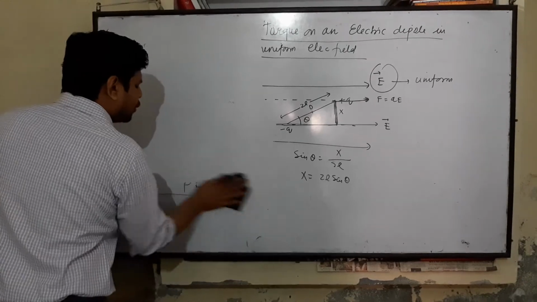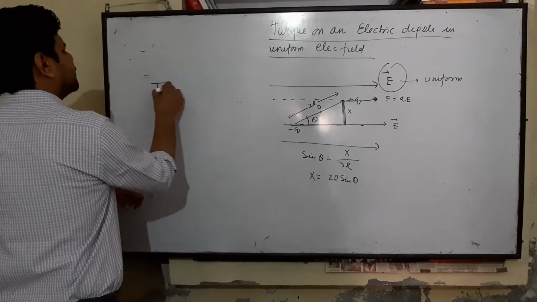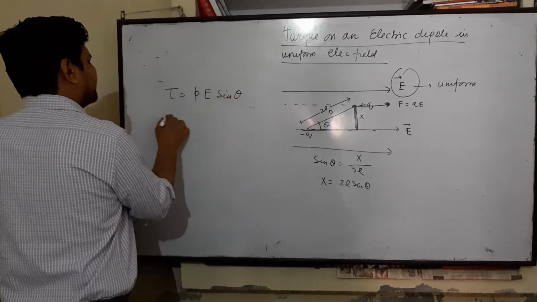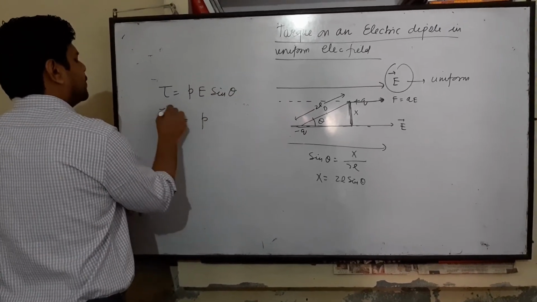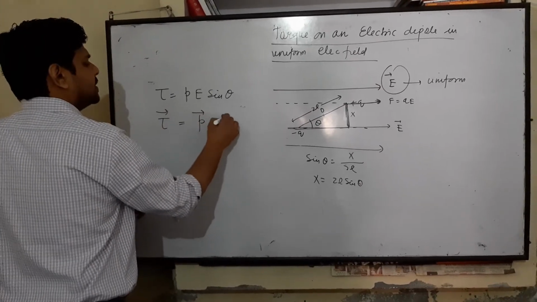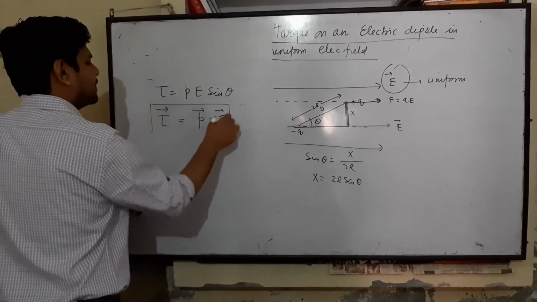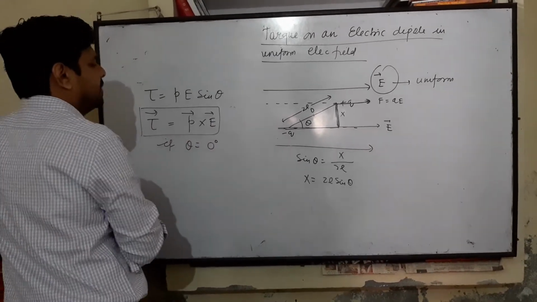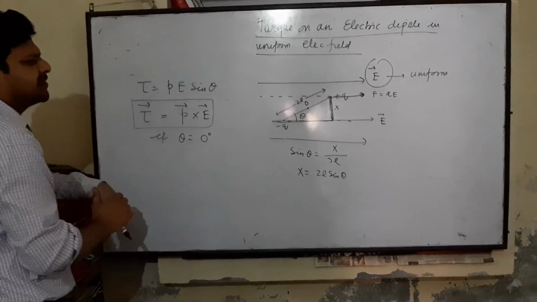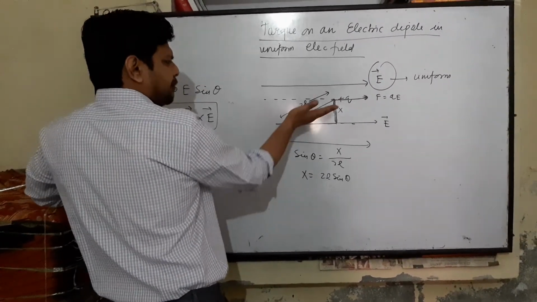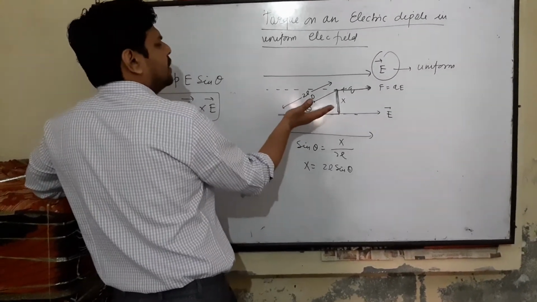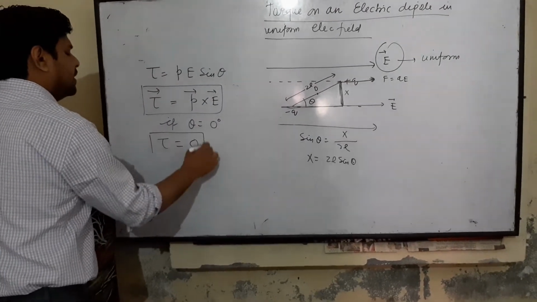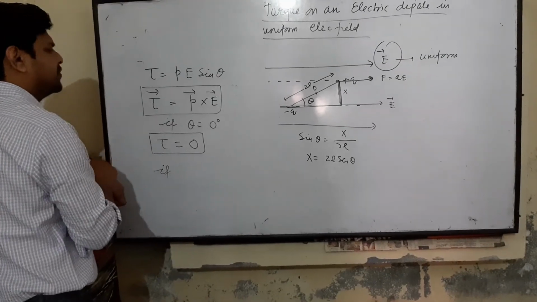The expression for torque, tau equals pE sine theta, in vector form is tau equals P cross E. If theta is equal to 0 degrees, meaning the angle between the axis of the dipole, the dipole moment, and the electric field is 0, then the torque will be 0, which is the minimum torque.